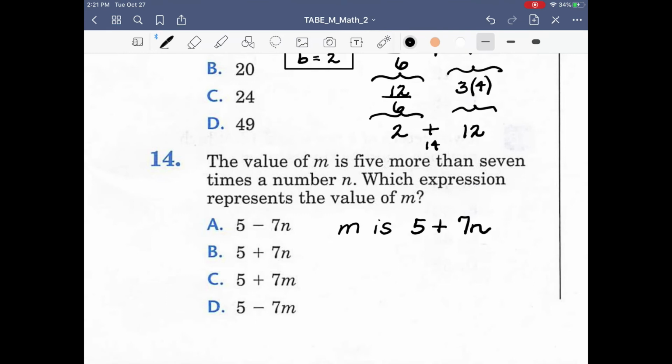So m equals 5 plus 7n. Which expression is the value of m? Well, it's telling you m is this amount. So that's the amount you want to look for in your choices, and it is B.